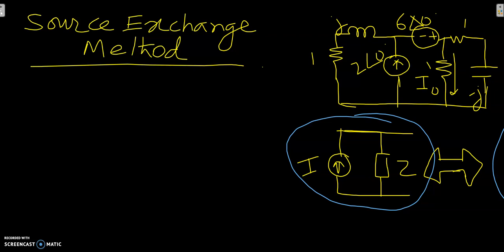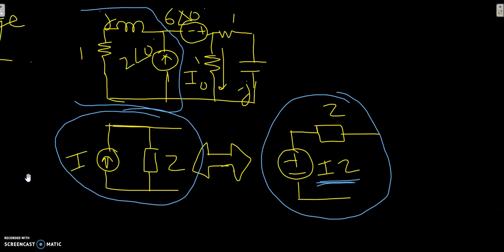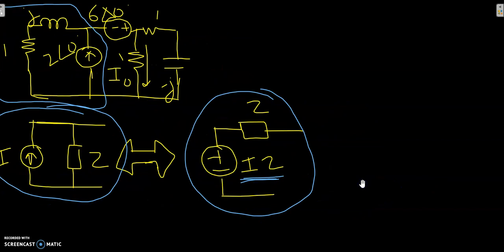In this method, we will try to convert this part of the circuit, replacing the current source in parallel with the impedance with a voltage source in series with the impedance. After I apply this source conversion, this circuit would now look like this.